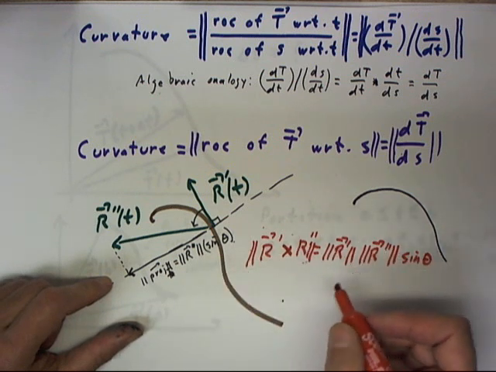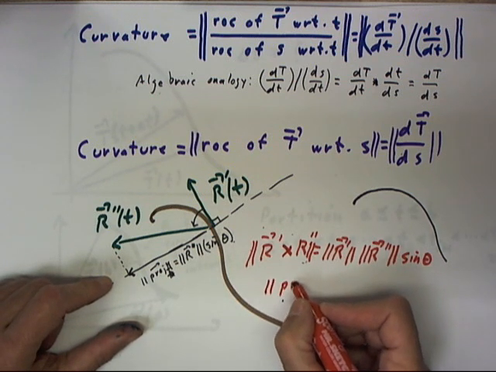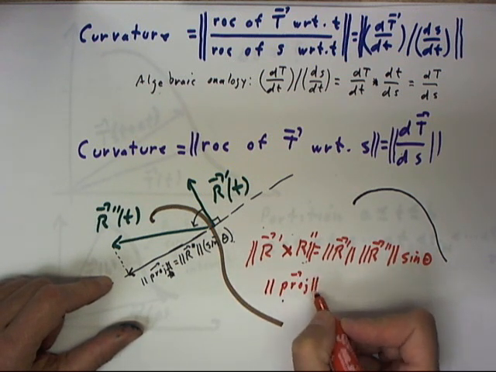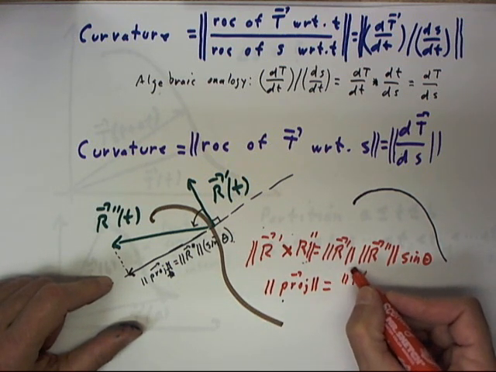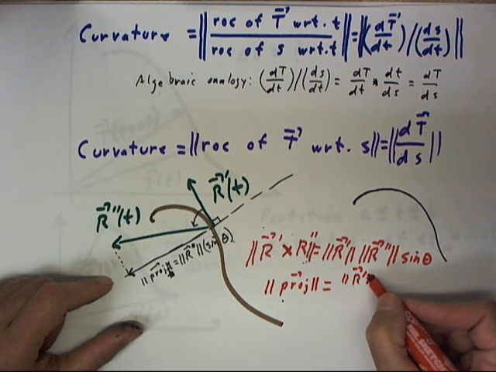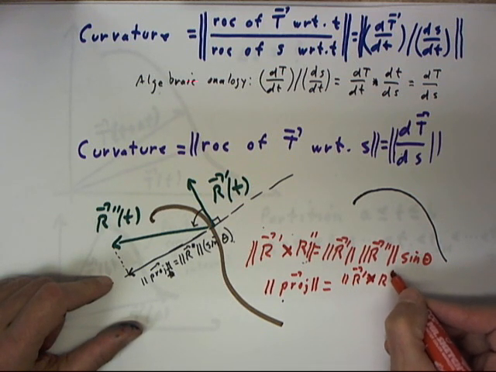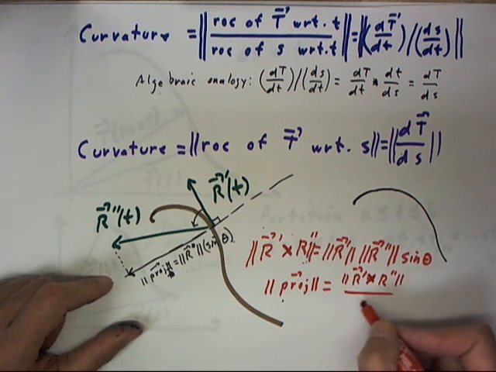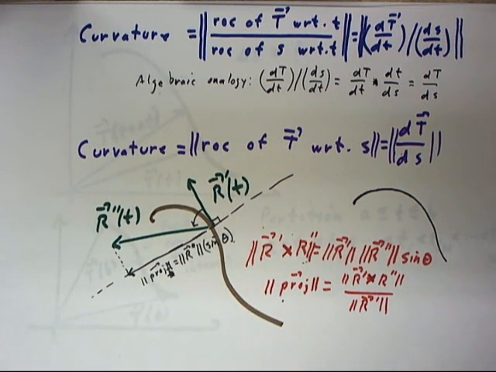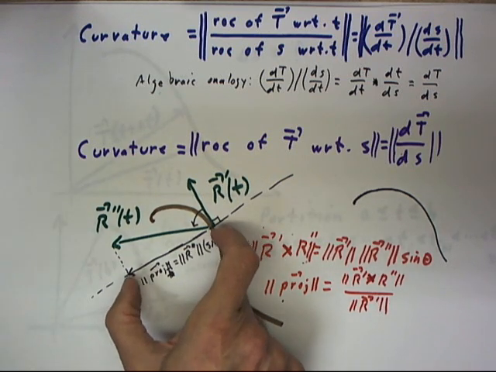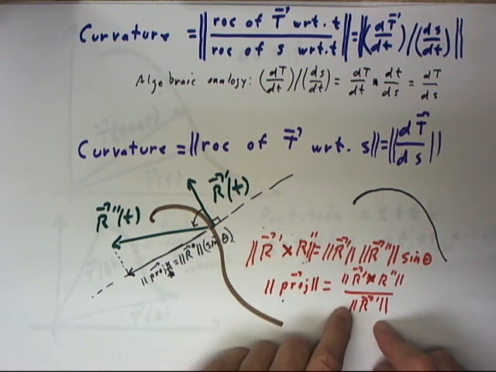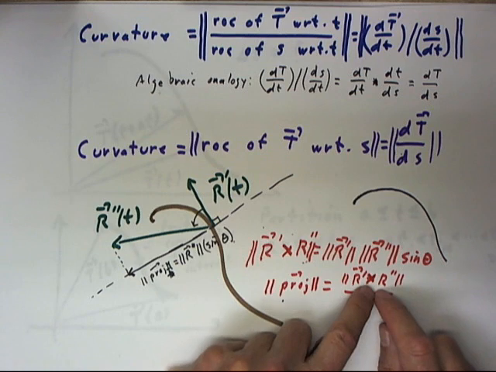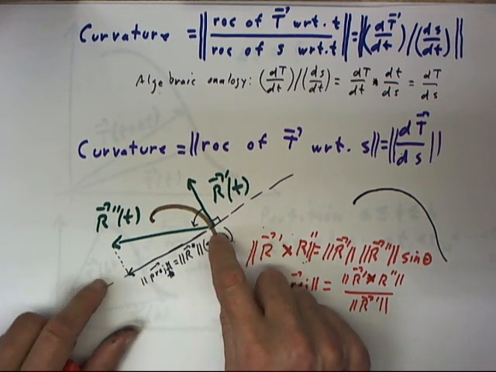So the magnitude of this projection vector that we haven't yet named is nothing but the magnitude of r prime cross r double prime divided by the magnitude of r prime. We're going to use this fact in a minute to come up with a formula in terms of r prime and r double prime and its cross product for calculating the curvature.